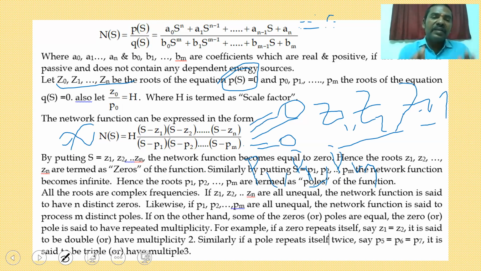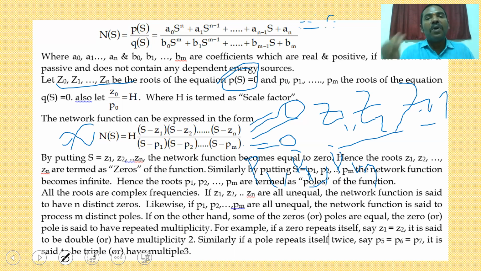So whatever the zeros and poles of your given network function, they must be on the left side of the s-plane or at the margin of the s-plane, then the system is a stable system.